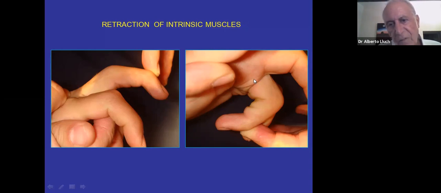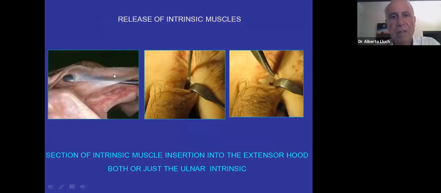But once I flex the MP joint and I release the intrinsic, then I will be able to flex the PIP joint, if not completely, a fair amount, much better than here. So I know there is a retraction of the intrinsic muscles.